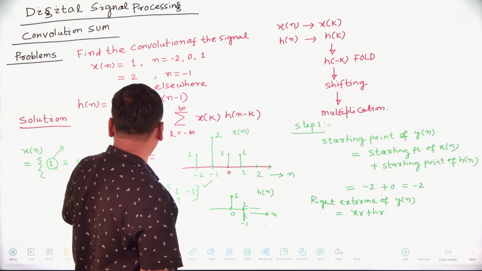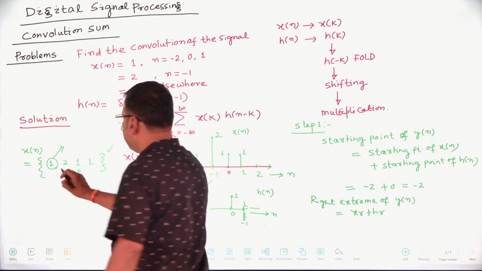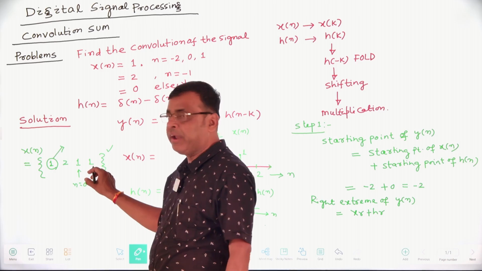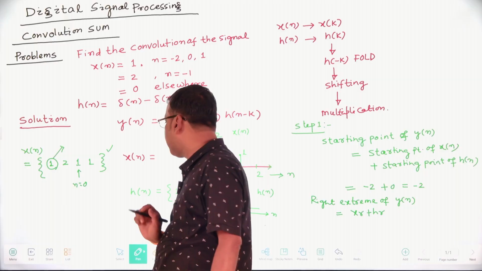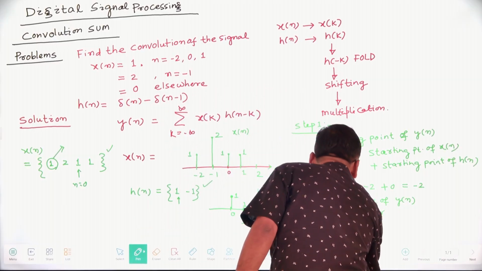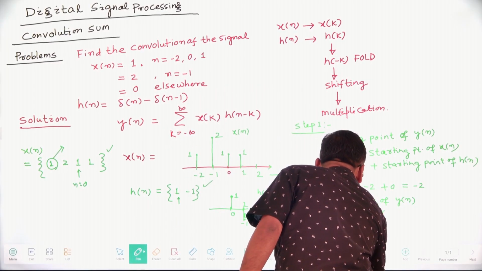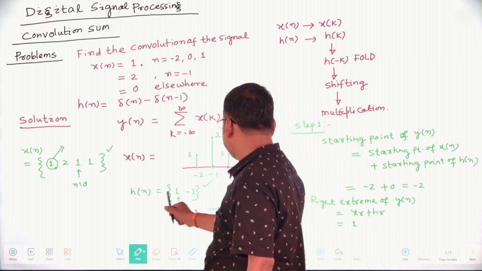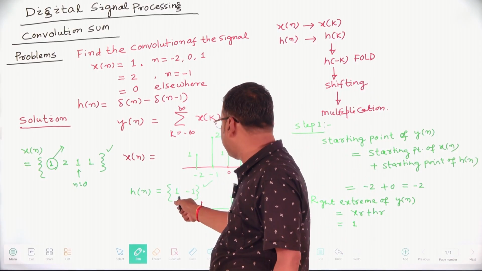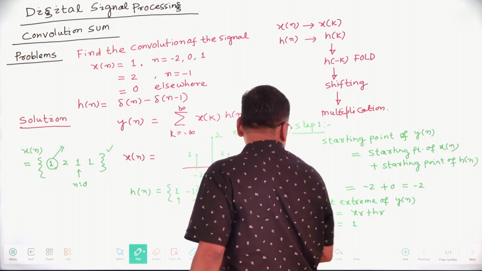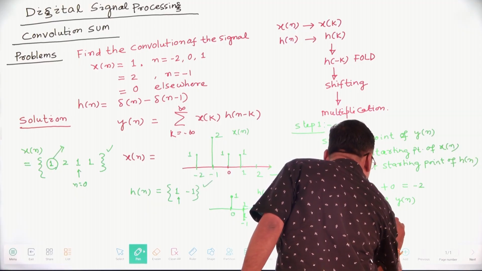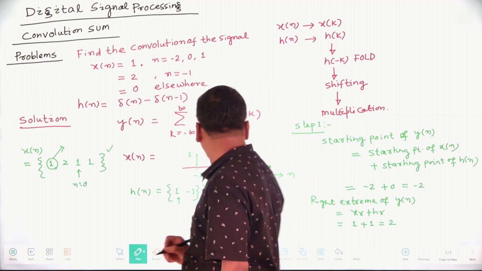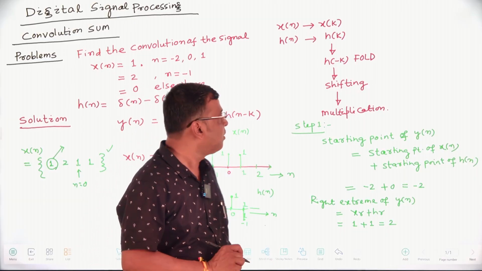This is your starting point and this is your ending point, or extremum point. That is n equal to 0, this is n equal to 1. So the right extreme XR is nothing but 1. HR, the right extreme of h of n, that is 0, this is 1. That is 1. That is your 2. So the right extreme of y of n is 2.